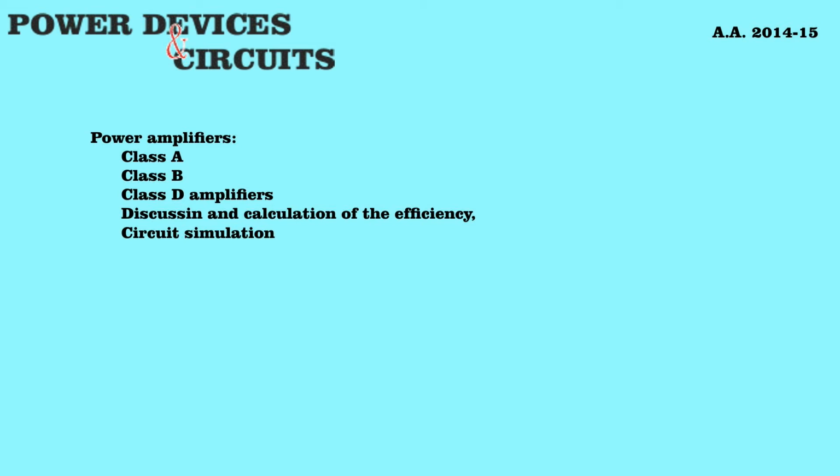If the on time is very small, this will further reduce the static power dissipation. During the off state, on the other hand, you don't have static power dissipation because the leakage current is very low. Hence, voltage multiplied by current is negligible.